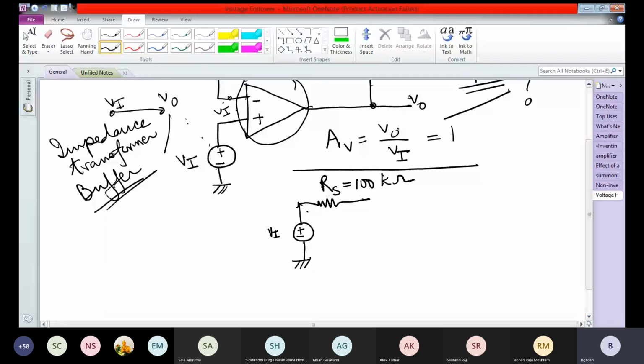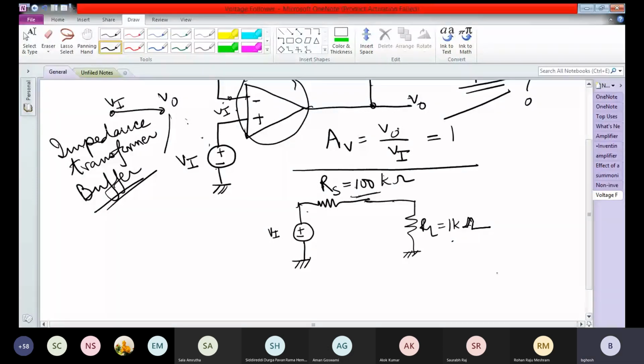For such transducers, we can design a voltage source with a low output resistance, but for transducers, we do not have control over them. So let us say its source resistance is 100 kilo ohm, and we want to drive a load whose resistance is 1 kilo ohm.